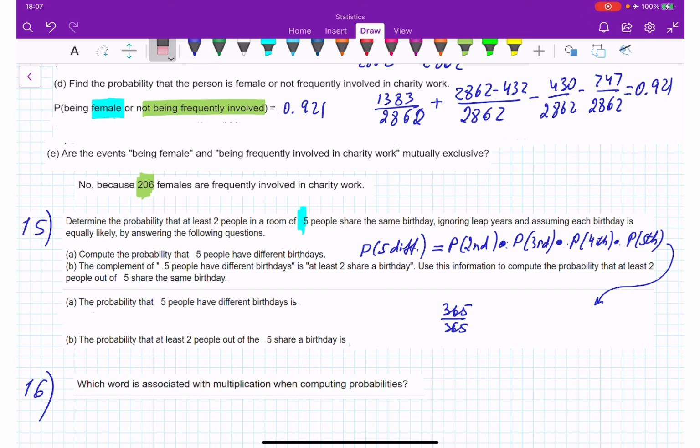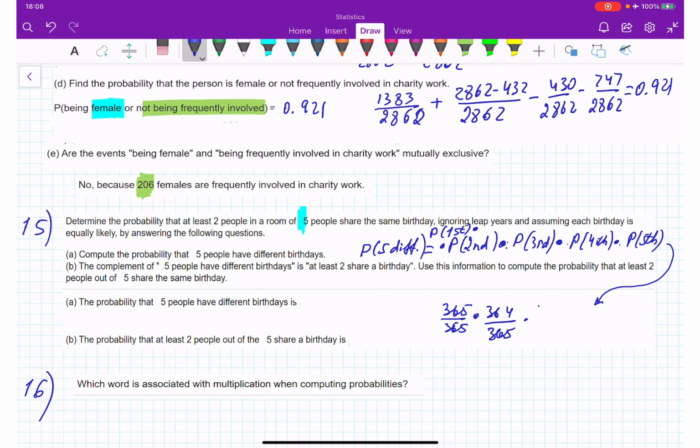But if it will make it easier to understand, I'll do this. Multiply. There we go. So you can understand better. So first one, I have all 365 days, either day to be the birthday. Second one will have one less, 364 out of 365 days.